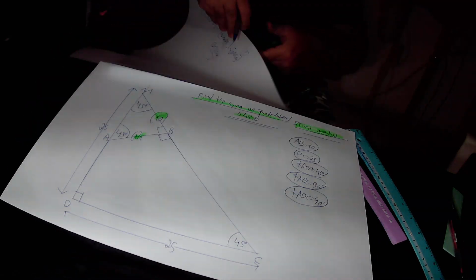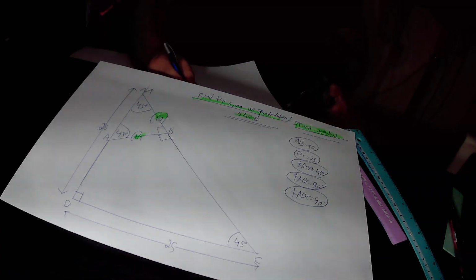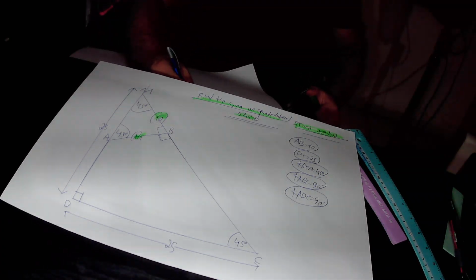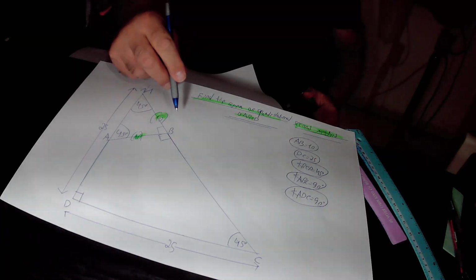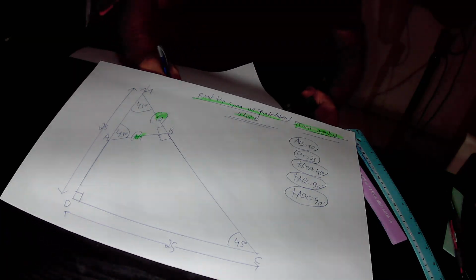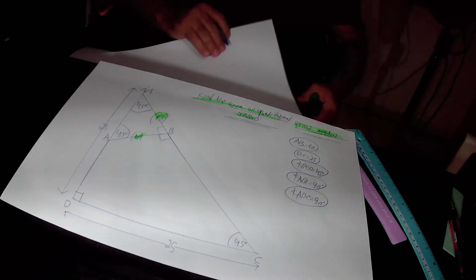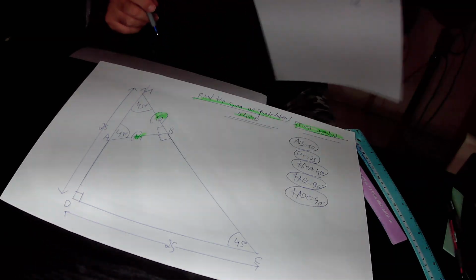Minus the area of this small right triangle ABM. The area of the small right triangle ABM equals the base AB times the height BM divided by 2.